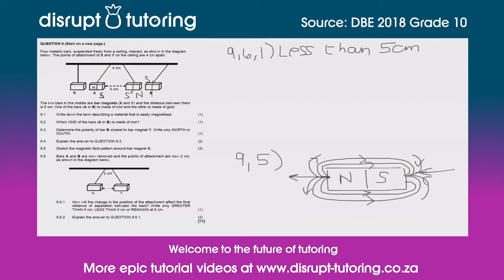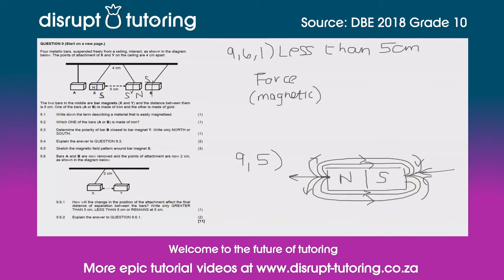And secondly, that gives the X magnet an overall larger effect on Y because of B not being there anymore. And the distance is smaller. And we know that magnetic force is inversely proportional to the distance between the magnets.